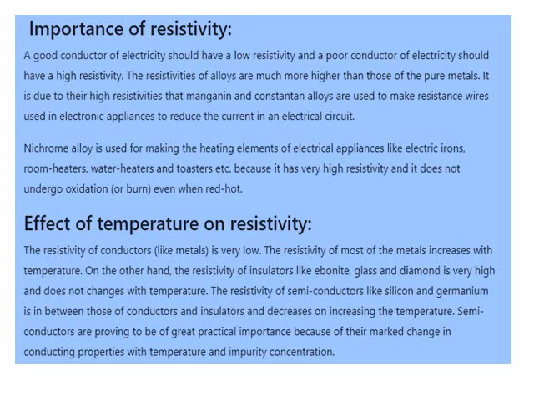Now let us move on to the effect of temperature on resistivity. The resistivity of conductors like metals is very low. The resistivity of most metals increases with temperature. On the other hand, the resistivity of insulators like ebonite, glass and diamond is very high and does not change with temperature.